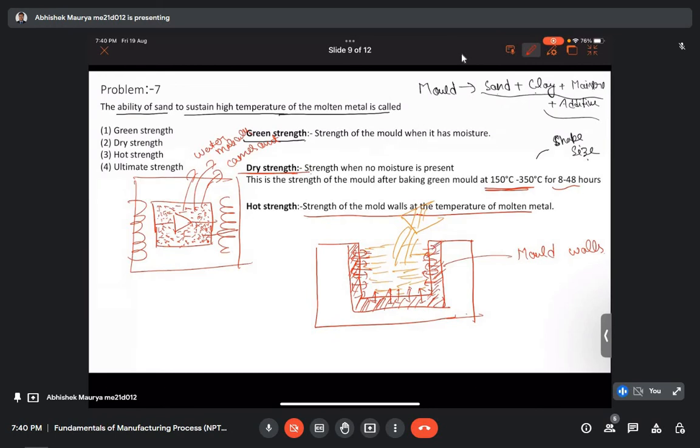This region has a temperature very similar to the temperature of the molten metal. Temperature of the mold walls will be roughly equal to the temperature of the molten metal.